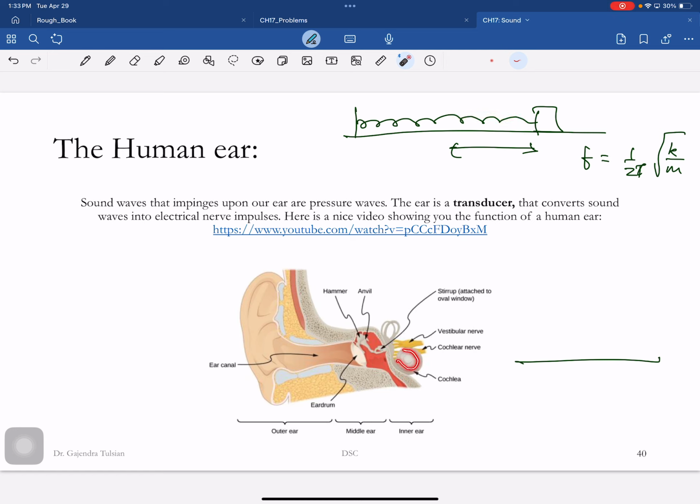Here there's a membrane that's stiff and heavy and all that kind of stuff, and it vibrates at different frequencies. Different parts vibrate at different frequencies. So when the sound comes in, it's passed through, and depending on what frequency there is, different parts of the cochlea will vibrate, and then that impulse is sent up.